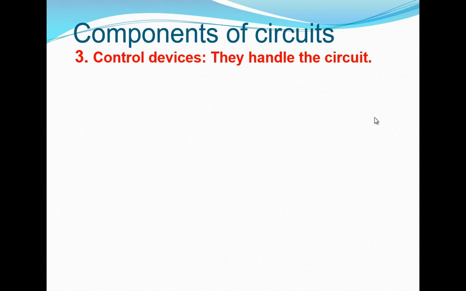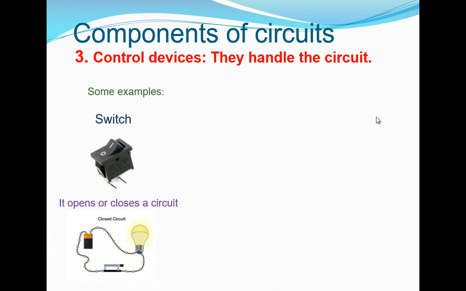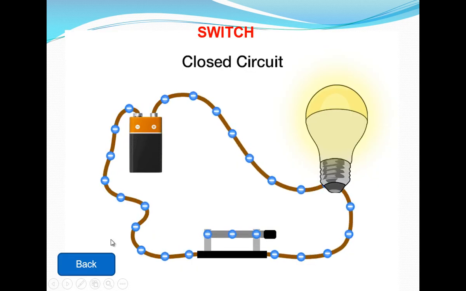Other types of components. Control devices. They handle the circuit. We can handle a circuit and make it work the way we want by using them. Examples, a switch. A switch is a device that opens or closes a circuit. You can see it here.